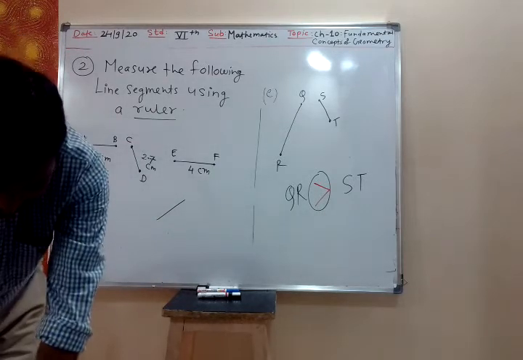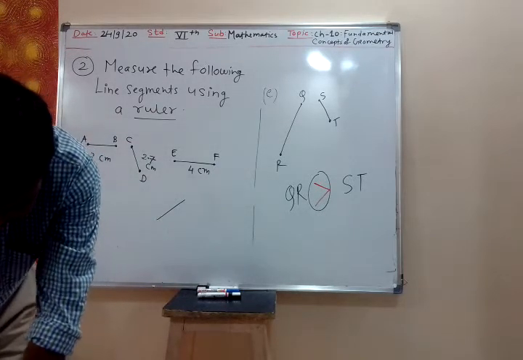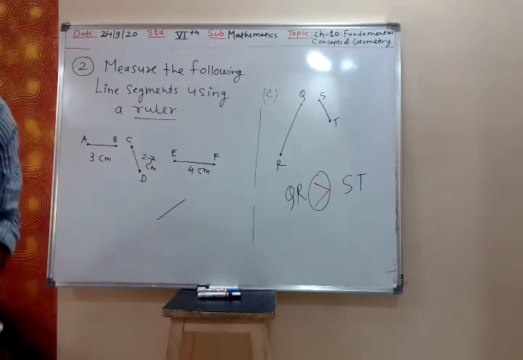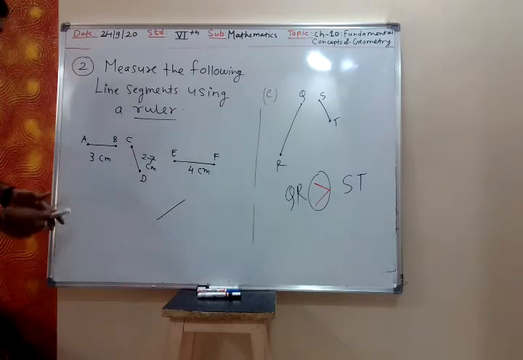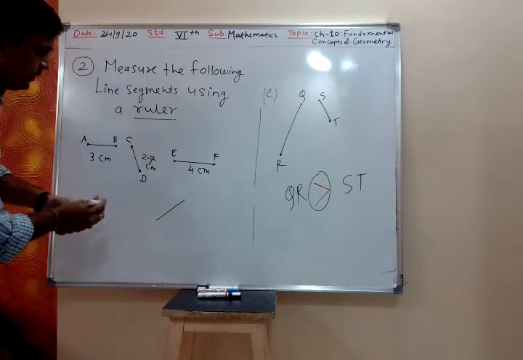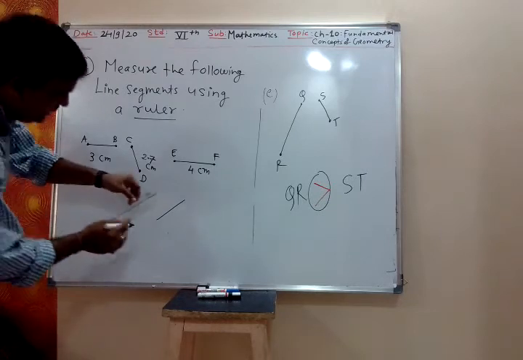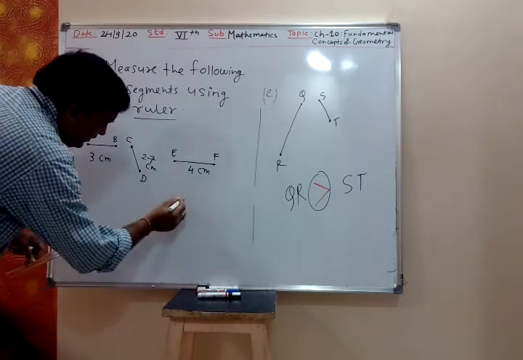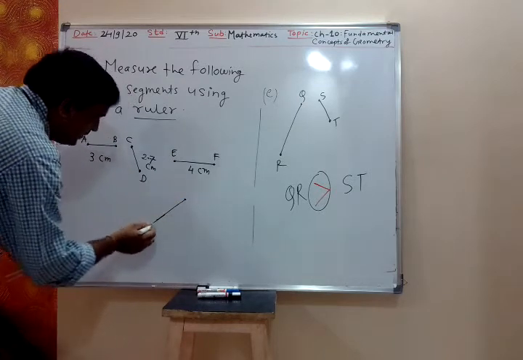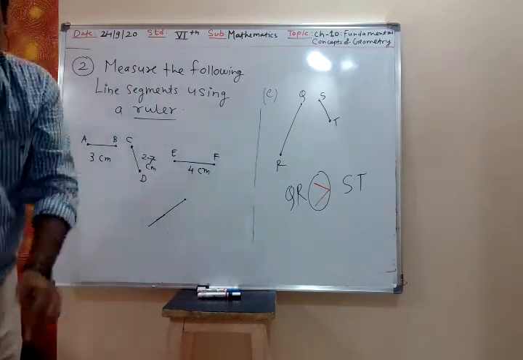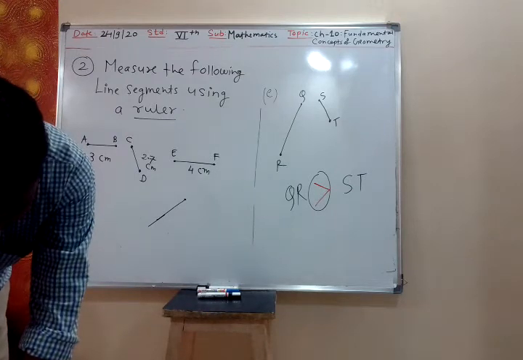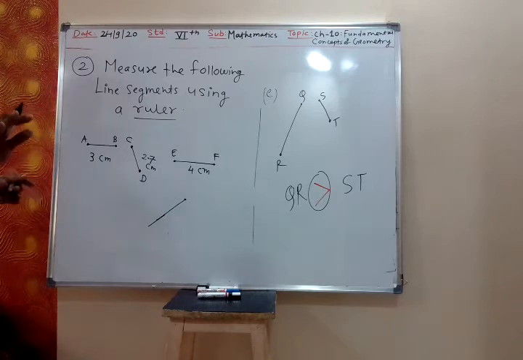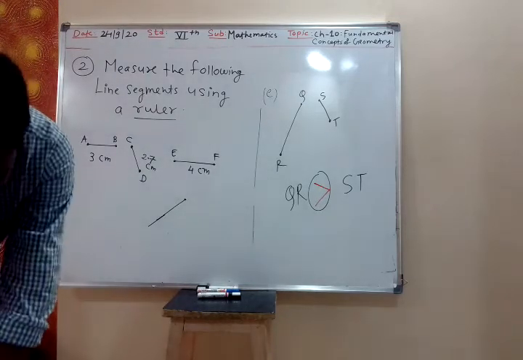EF is 4 centimeter. Then HG is 5 centimeter. AB is 3 centimeter. No, you write EF as 4 centimeter.